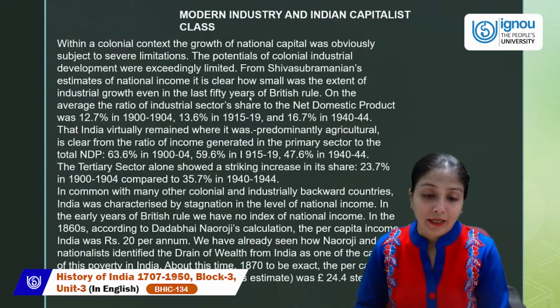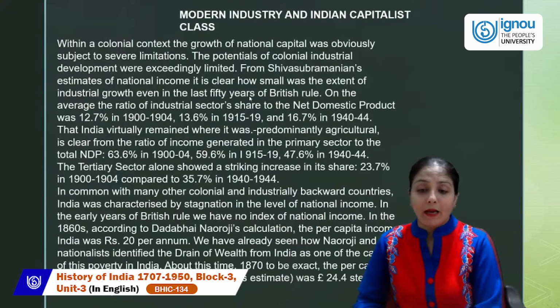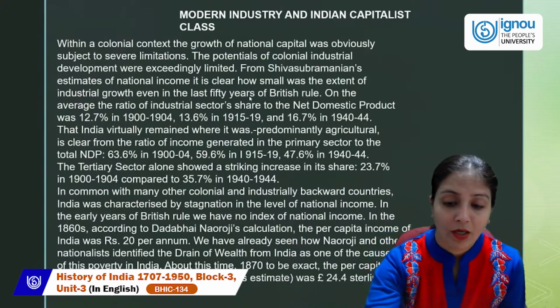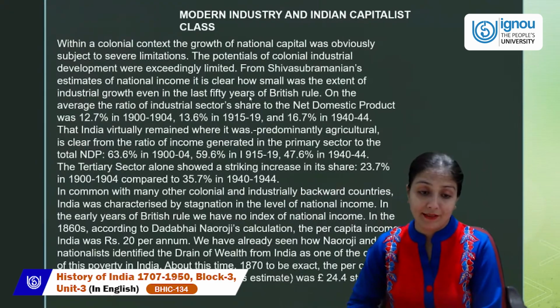About this time, 1870 to be exact, the per capita income in England was 24.4 sterling. This was equivalent to rupees 568.